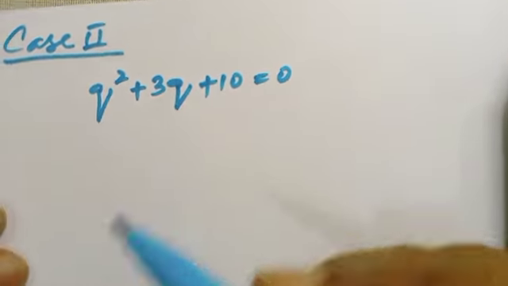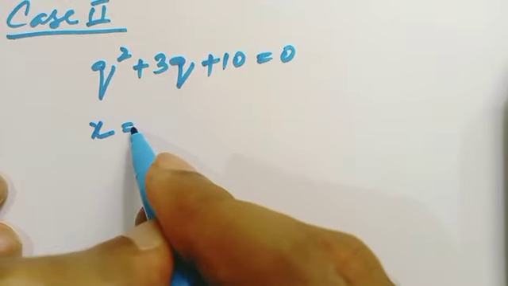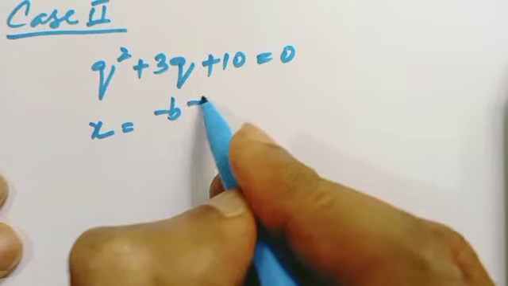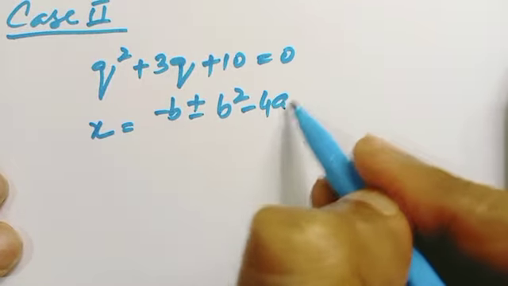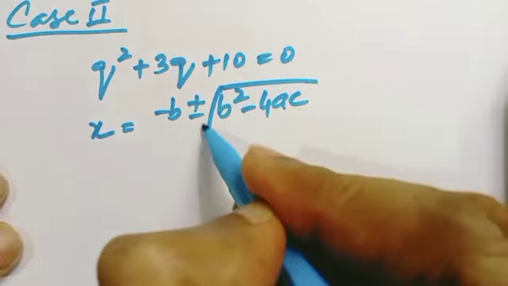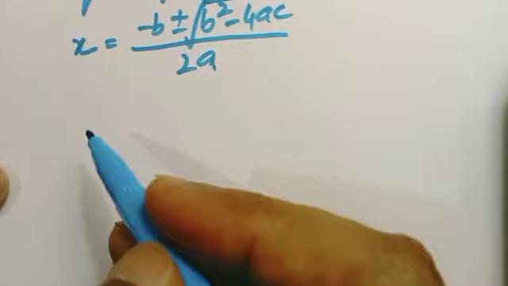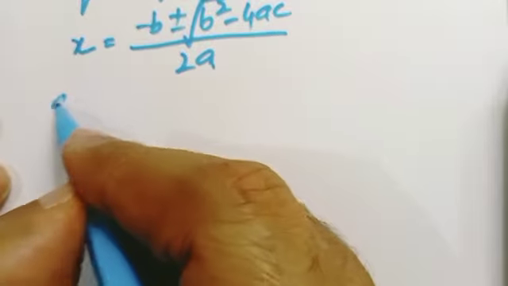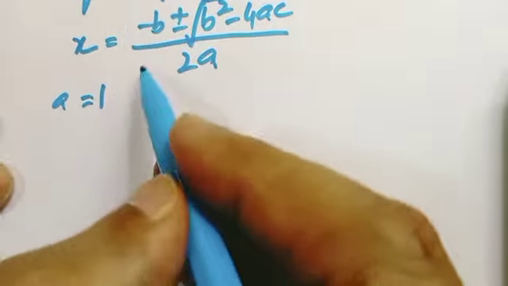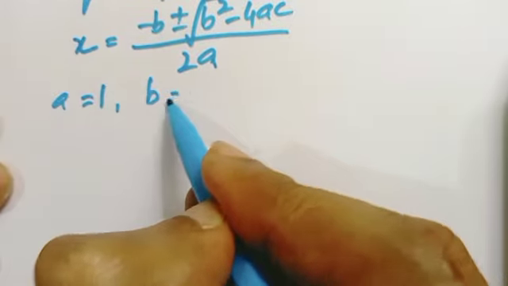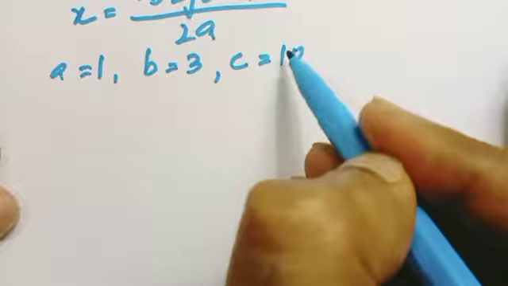We solve it by the quadratic formula. What is the quadratic formula? x = (-b ± √(b^2 - 4ac)) / 2a. Here a = 1, b = 3 and c = 10.